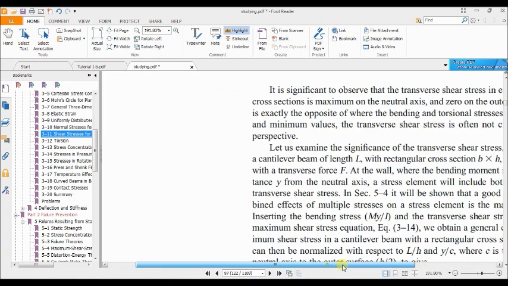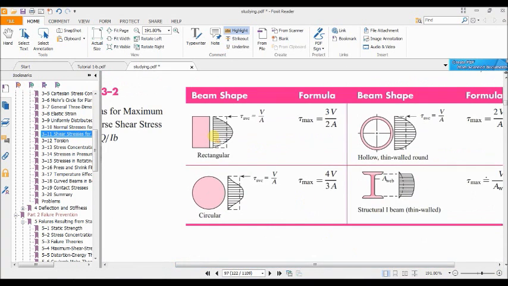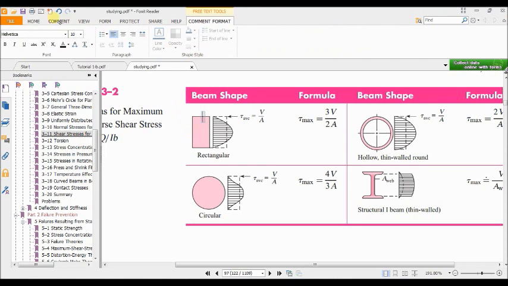Unlike axial stress, I mentioned that a beam under bending always has maximum axial stress at this location here.